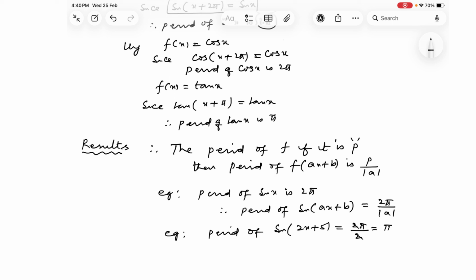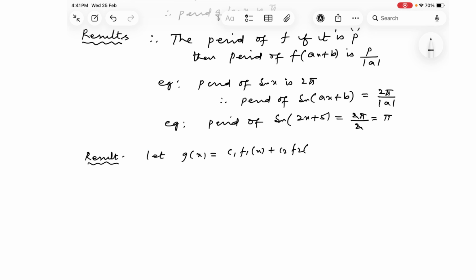One more example, the period of sine of 2x plus 5 is 2 pi by mod 2, which is pi. Therefore, if the period of f is P, the period of f of ax plus b will be P by mod a. This is the first result.